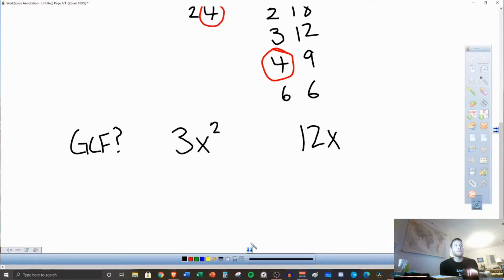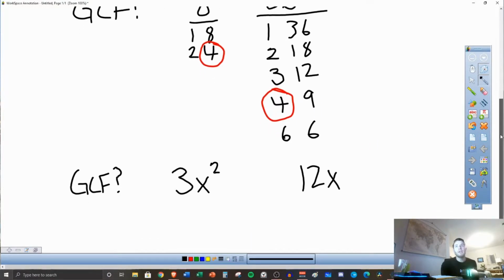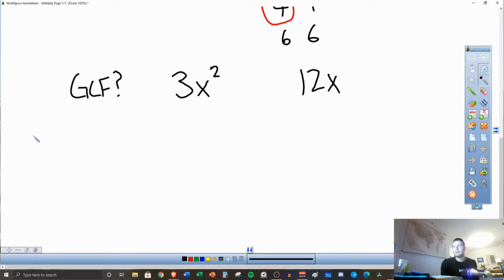So now we have complicated things a little bit. I'm not going to ask a question about it because I think that this one's going to be a little challenging, but maybe some of you have it. But do you know what the number GCF is? If we're looking at both expressions here, we're not going to break them down like we did over here. Not necessarily. I mean, we could do that, but we need to get to a point where we can just look at this, look at the numbers, and then look at the variables and say, okay, what is their common factor? So let's write some steps.